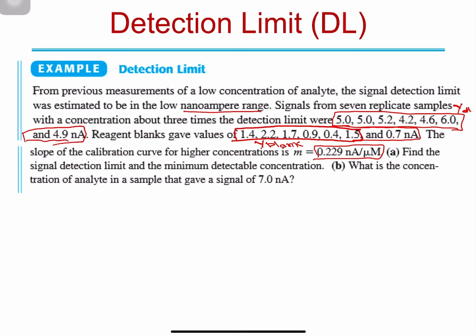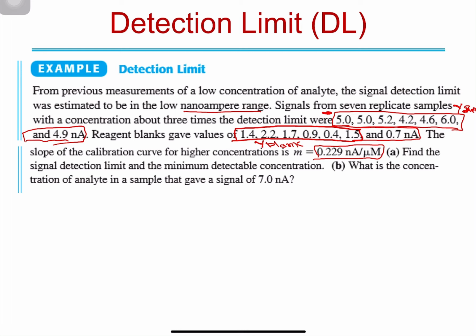So the question now: we have the slope, we have the values of the lower detection sample values, and we have the values of the signal of the blank. So we need to find the signal detection limit and the minimum detectable concentration. So these values are for the sample.